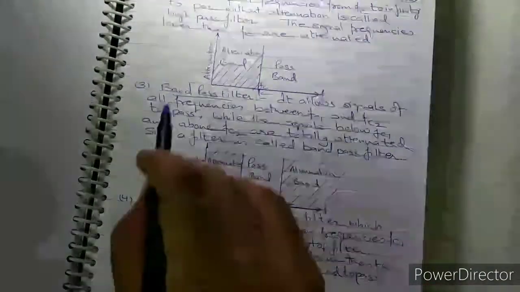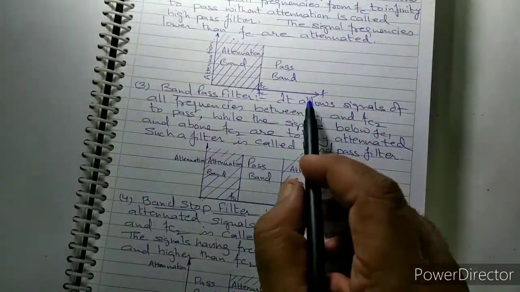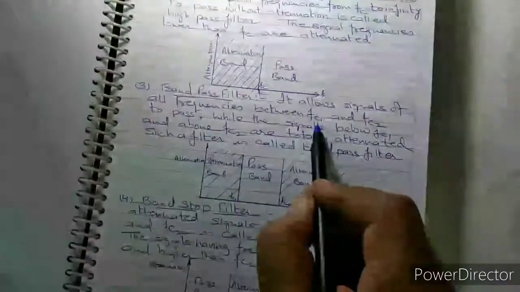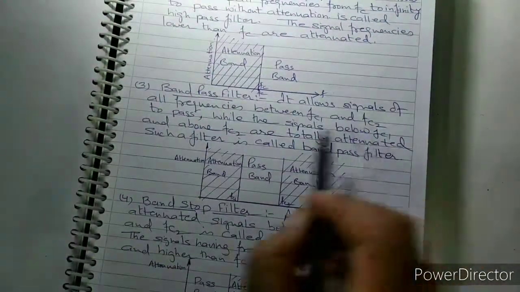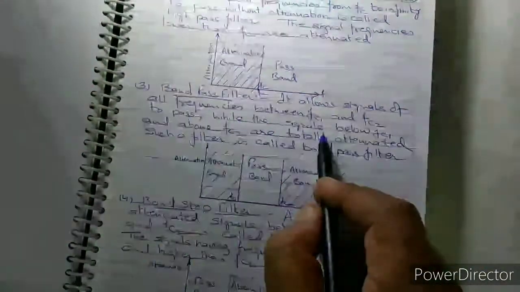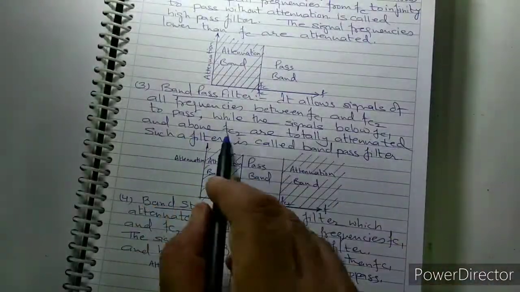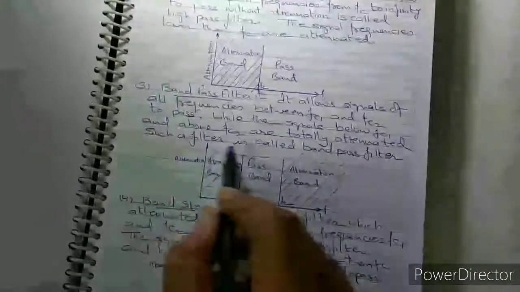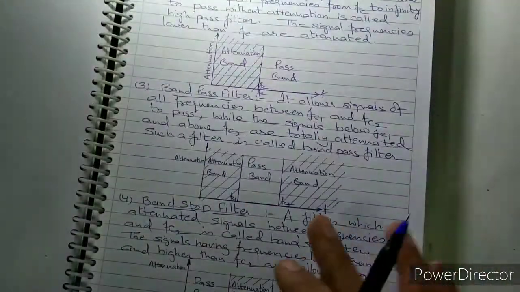Third type of filter is band pass filter. It allows signal of all frequencies between FC1 and FC2 to pass through, while the signal below FC1 and above FC2 are totally attenuated. Such a filter is called band pass filter.